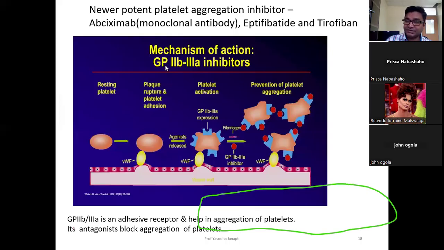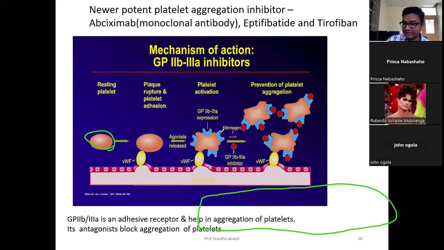Then last, GP3B inhibitors. You can see in this slide all the events whatever we told. Resting platelets are in this diagram. Now what happens? GP2B and von Willebrand factor will bind.